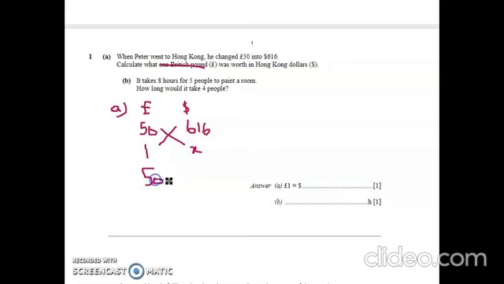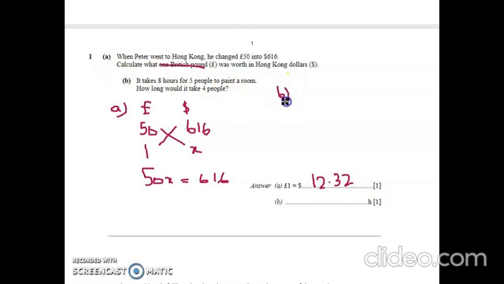So this will be 50x equals 616 and then 616 divided by 50. That is $12.32.